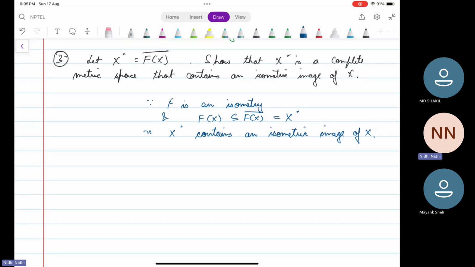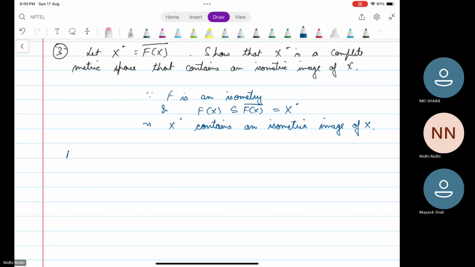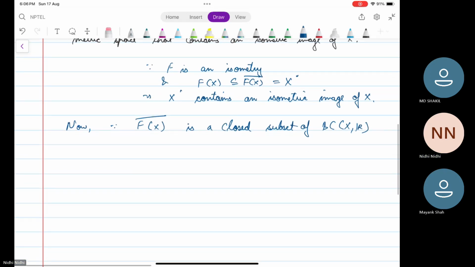Next, we need to show that this X star is a complete metric space. For that, we can directly use the fact that the closure of any set is always closed. This is a closed subset of the metric space BC(X, R), which is a complete space. We know that this is complete.